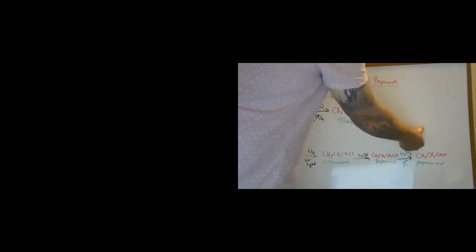And we get CH3CH2COOCH2CH3, which is ethyl propanoate.